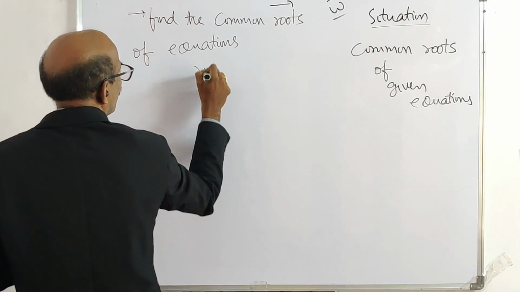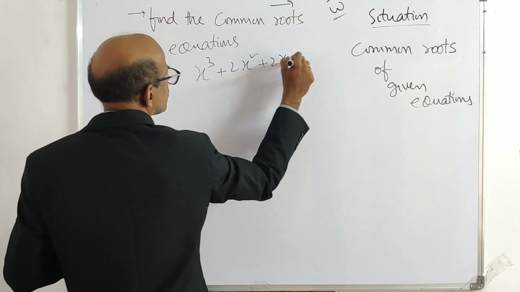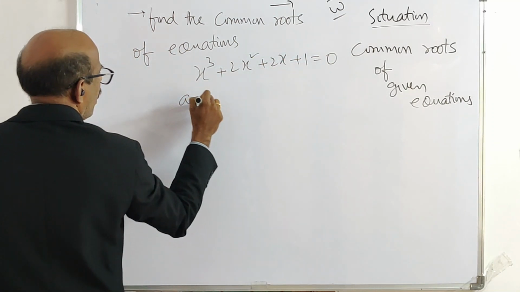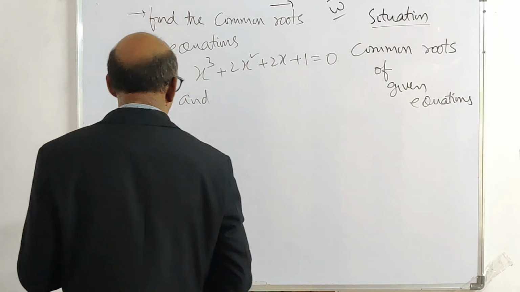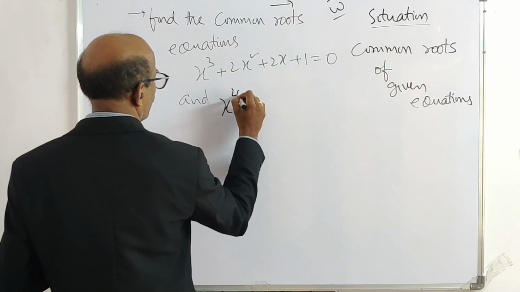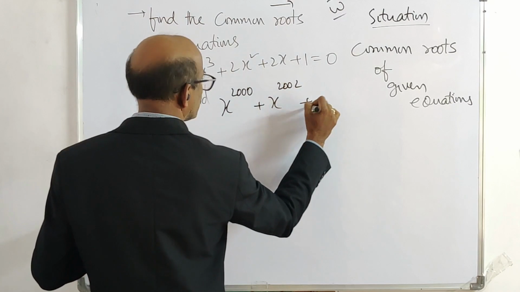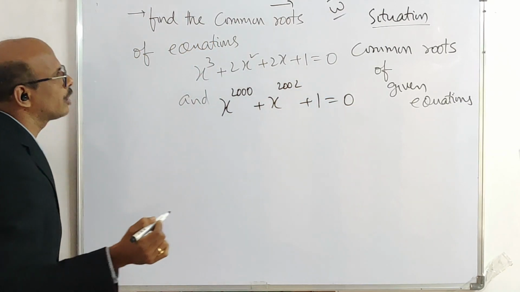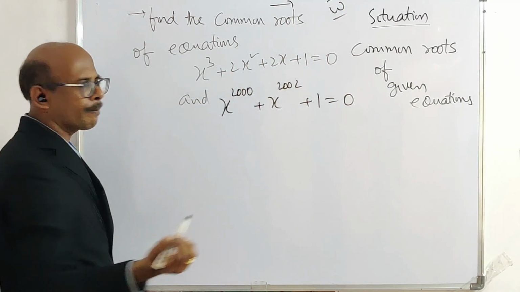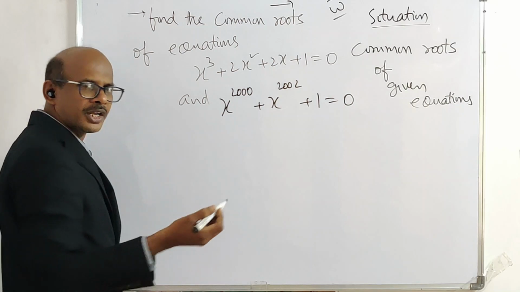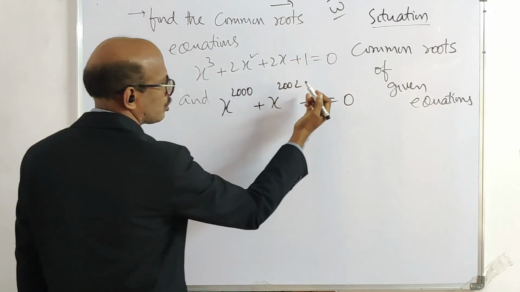Here the equations are x cube plus 2x square plus 2x plus 1 equal to 0, and one more equation is given. The first one is a cubic equation, and the next one is a polynomial, an algebraic equation, with power 2000. This is also a previous JEE question. Find the common roots of the equations given: x cube plus 2x square plus 2x plus 1 equal to 0, and x power 2000 plus x power 2002 plus 1 equal to 0.